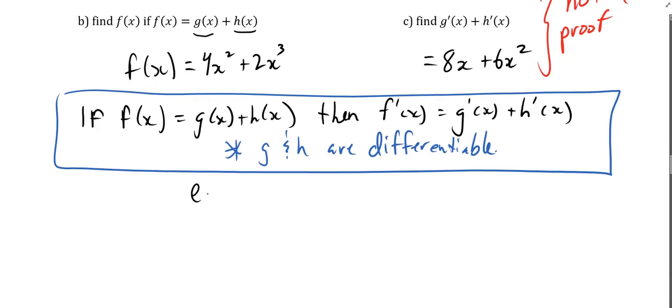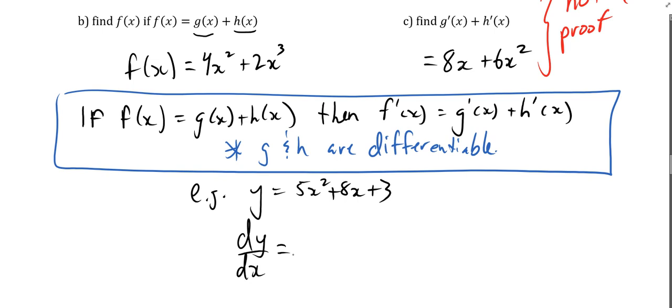So for example, if y is 5x squared plus 8x plus 3, dy by dx. So I take the derivative of the first term, 5x squared, so that's going to be 10x. I take the derivative of the second term, 8x, which is just 8, right? Take the 1 down. It's got an exponent of 1.